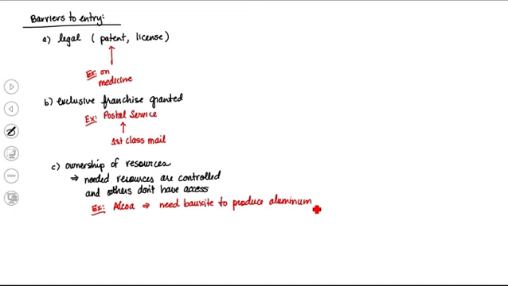And it turns out that Alcoa controls large amounts of the bauxite supply. So everyone agree, if you control the bauxite supply and you need bauxite to produce aluminum, now it's going to be very difficult for others to enter. So that would be an example of a barrier to entry as well. That's certainly going to keep out competition because they can't access the needed resource in order to produce.